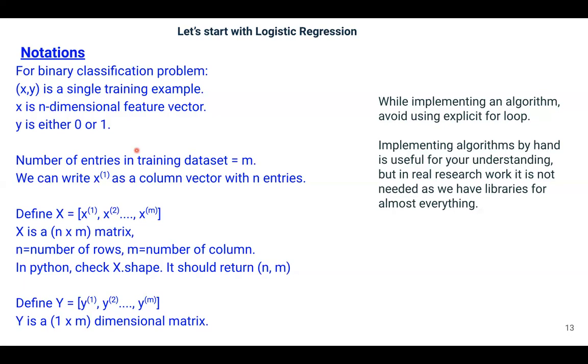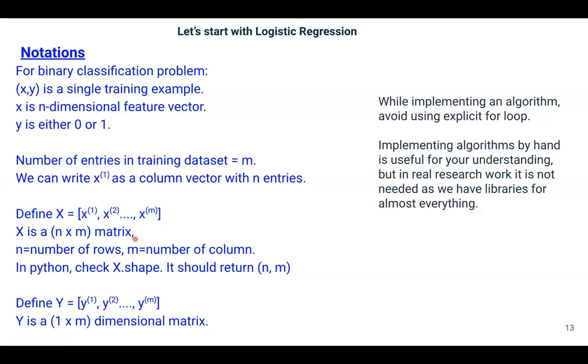Then we can write these column vectors one after the other: x1 is a column vector, x2 is a column vector. We stack them up, and what we get is an n cross m matrix. n is the number of rows, which is also the number of features. m is the number of columns, which is also the number of entries in the training data set. And this n cross m matrix is our whole input matrix.